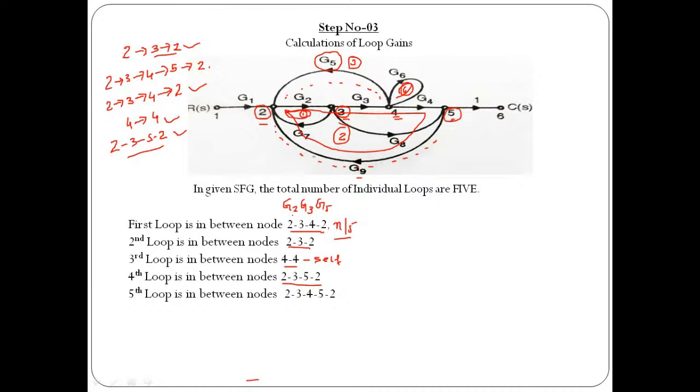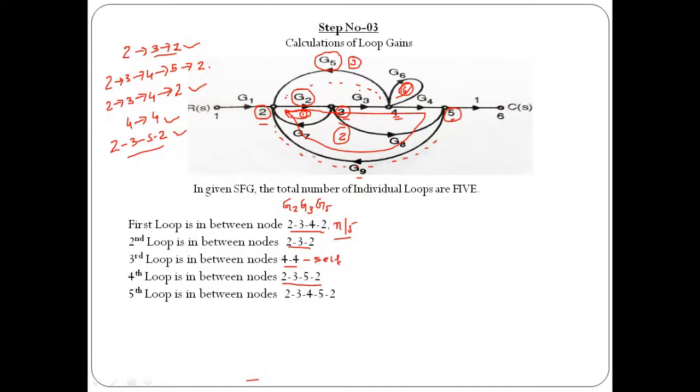That's it. Because what is loop gain? It is simply the product of the gains of branches which are responsible for the formation of that particular loop. So in this case, if you start from node number 2, you can move to node number 3 with a branch of gain G2.